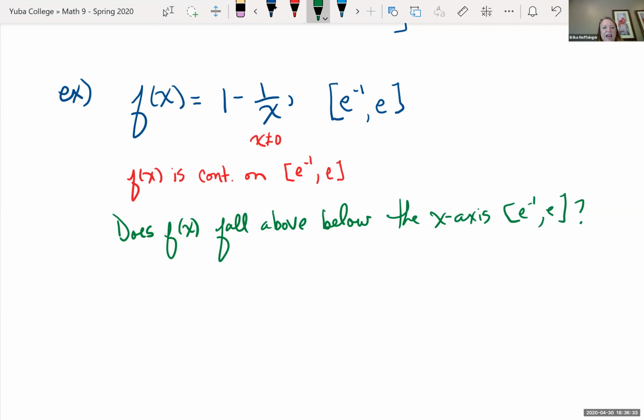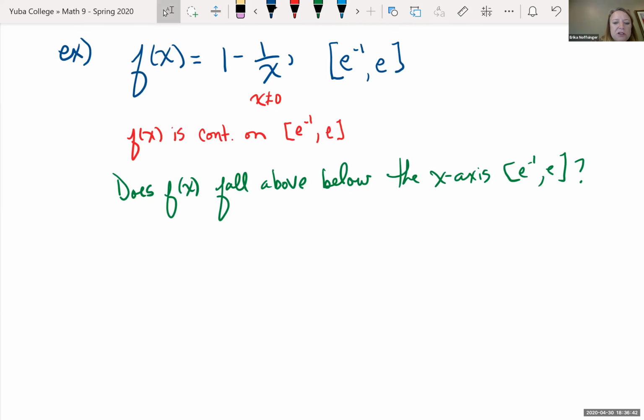Looking at that, I can solve for my x-intercept. I can set my f of x equal to 0, my y value equal to 0, and solve for x. So when is 0 equal to 1 minus 1 over x? I don't like that I have x in the denominator. I can take care of that by multiplying both sides of my equation by my least common denominator, which is just x.